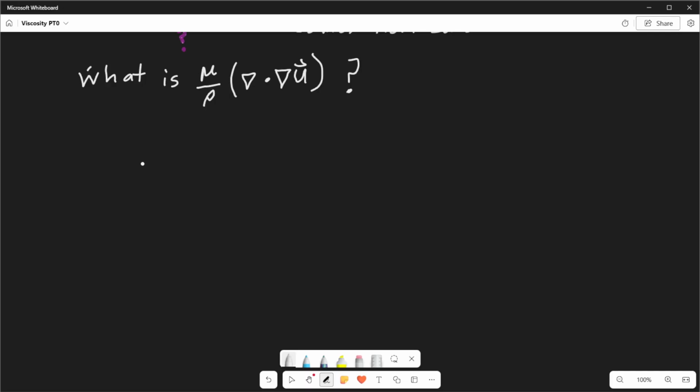What the symbolism actually means is the Laplacian of each component. So we have this divergence of what's kind of like a gradient of u.